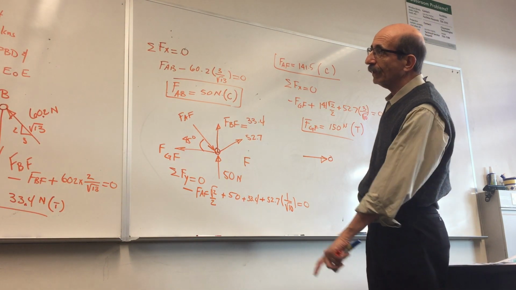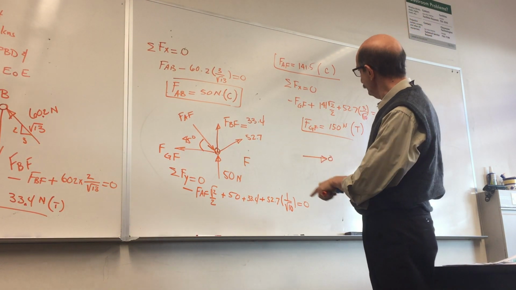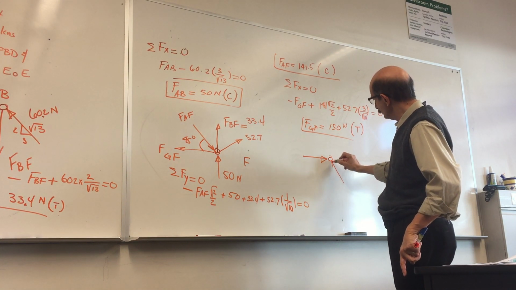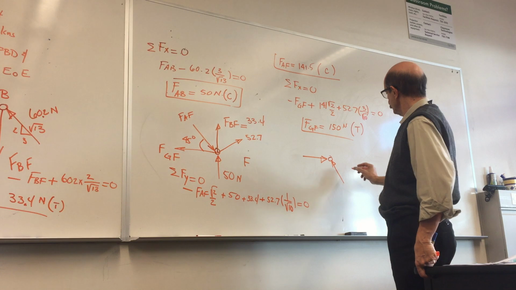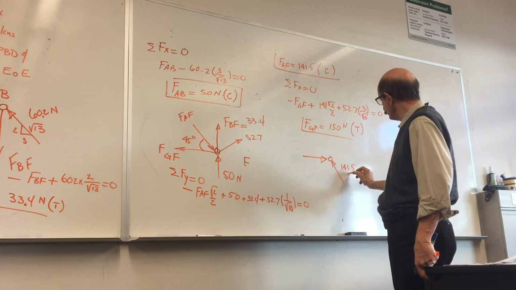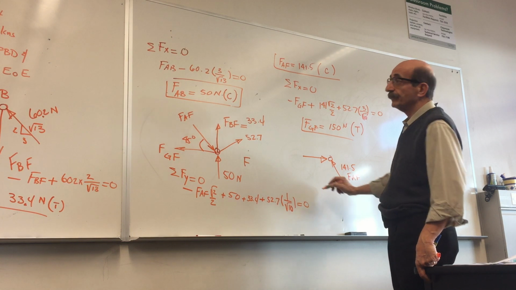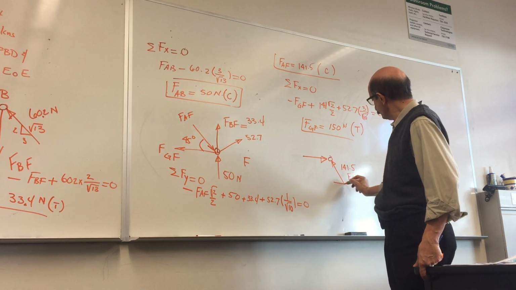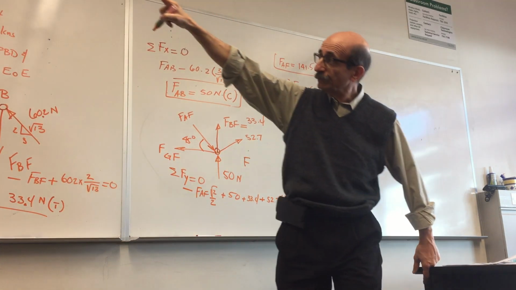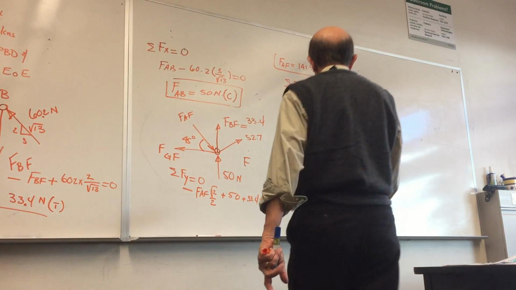So force AF, which is what we found, is compressive. So this is force AF, which is 141.5, and this was 45 degrees. Okay, we are drawing the free body diagram of that.